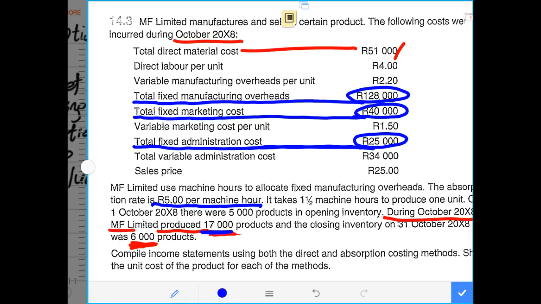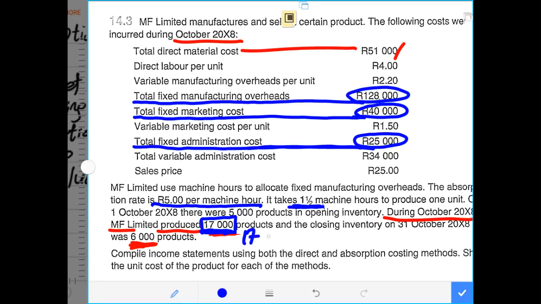How many machine hours will it take to manufacture 17,000 units if it takes 1.5 machine hours to complete 1 unit?